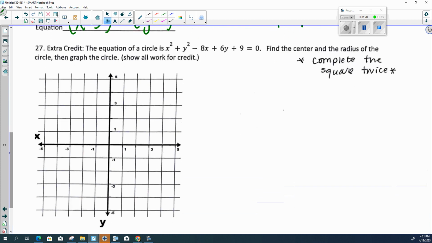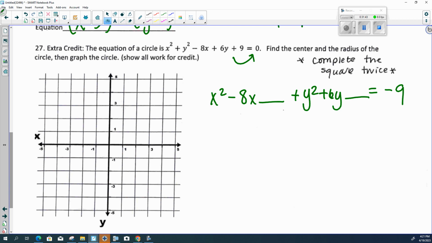Okay, step number 1, get the constant on the other side and organize this part. Organize the left, get the constant on the right. Done. Step number 2, complete the square 2 times.